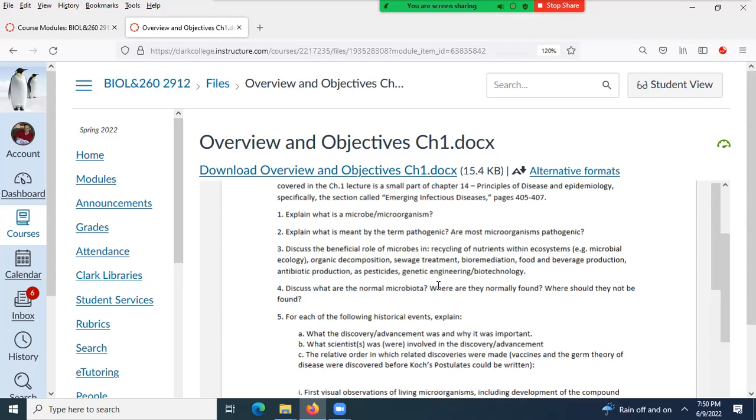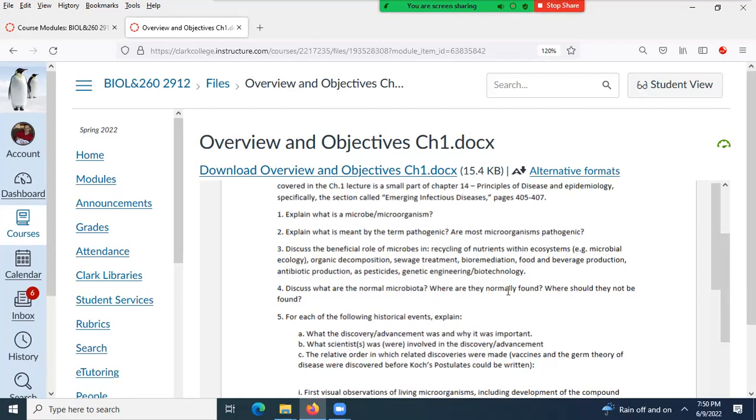You should discuss the beneficial roles of microbes on both the earth and to people, like they're part of our microbiome, what the normal microbiota is, where it's normally found and where it's not found.